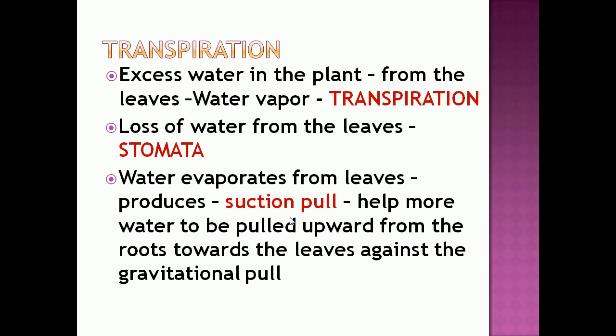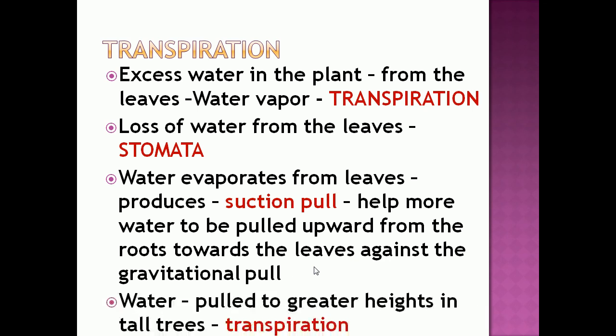In a similar way, when the water evaporates from the leaves, it will produce a suction pull. So it will help more water to be pulled upward from the roots towards the leaves against the gravitational pull.